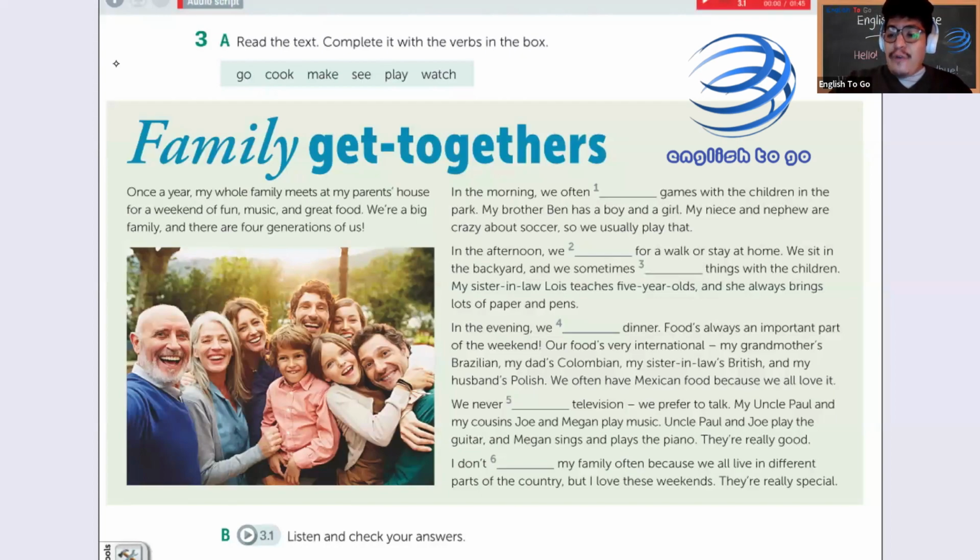So, if we analyze every one of these sentences, the rule or the structure is like the one we just saw some minutes ago. We often, and then we have a verb. Of course, complement if necessary.